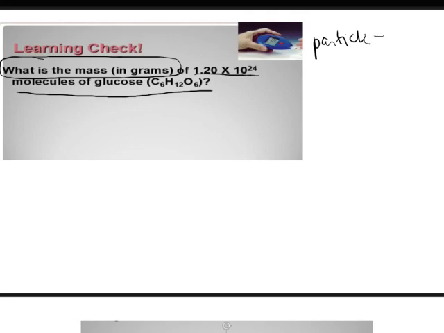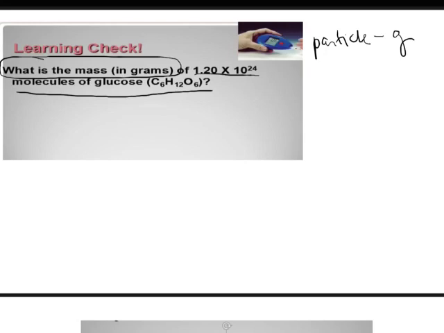Okay? So this is a particle to gram problem. And why that's important to go ahead and identify is because we need to identify, do I need one conversion factor or do I need two? And if you think about it, particles to grams, there is no single conversion factor for that. When you add up molar mass on your periodic table, that is always grams per mole. So particles is not included in that, right?